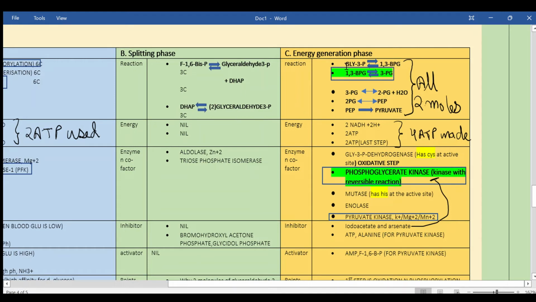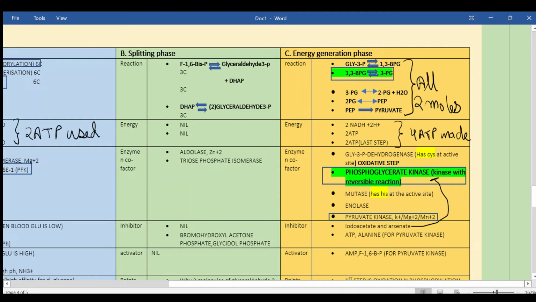Now this glyceraldehyde 3-phosphate, okay, I'm considering one molecule first. One molecule of glyceraldehyde 3-phosphate will convert into 1,3-bisphosphoglycerate. And this is again a reversible reaction.